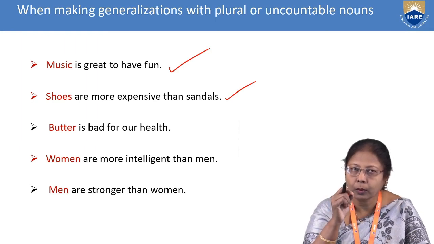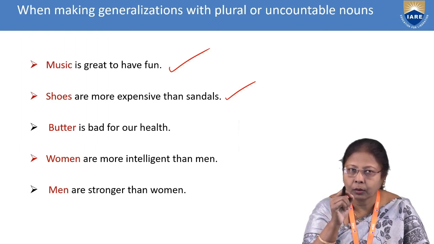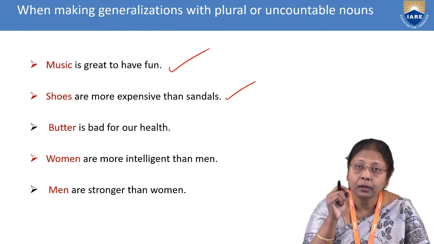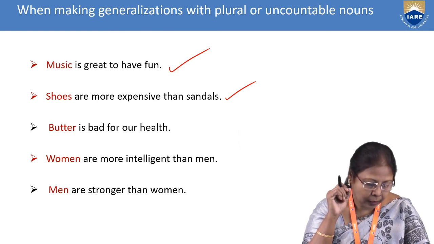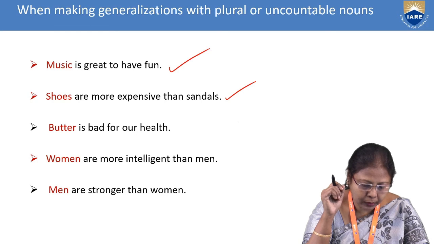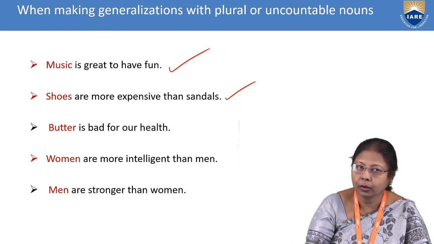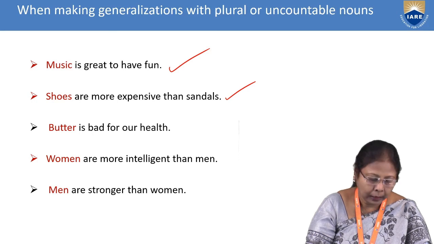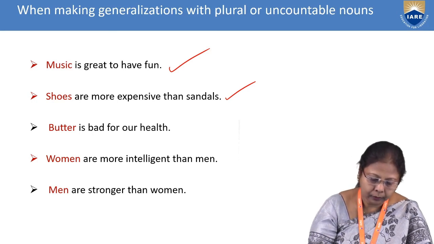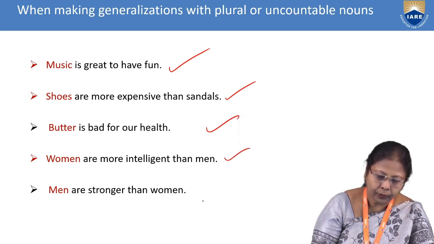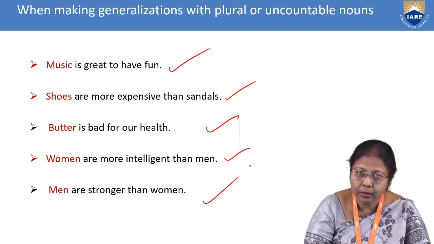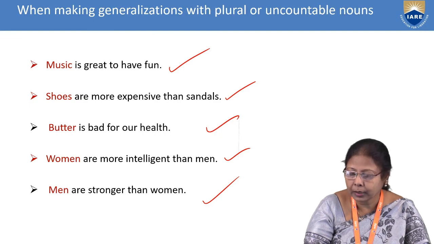Can you count? No, we cannot count. So we shouldn't go with an article before that. Women are more intelligent than men. Here also women, plural. And men are stronger than women. So in this way, for plural nouns and uncountable nouns, we cannot use any article.